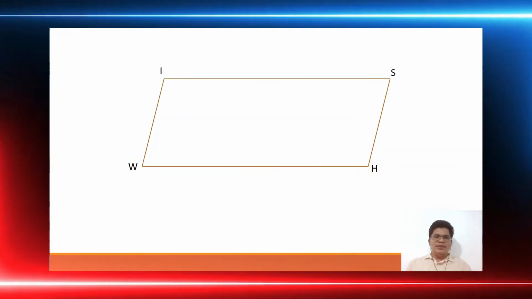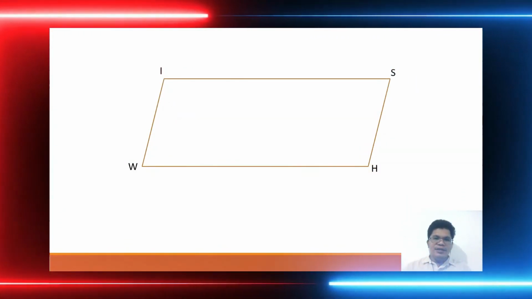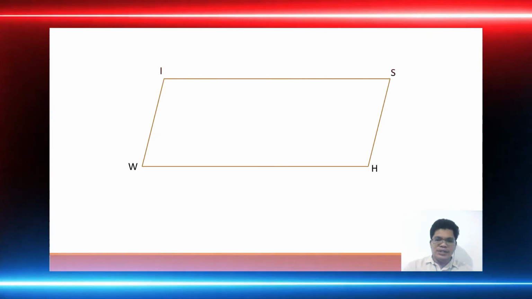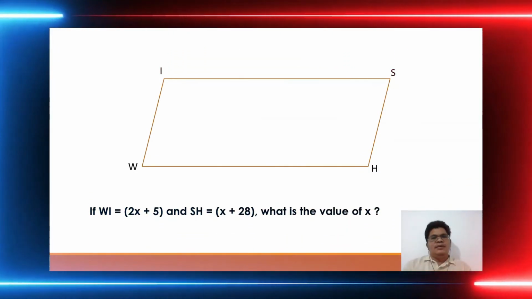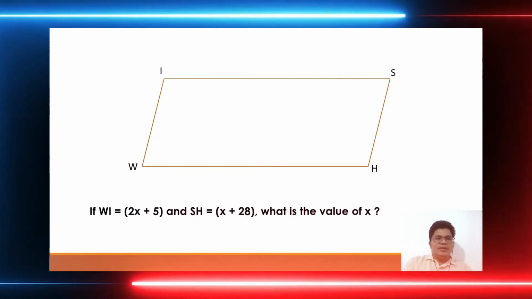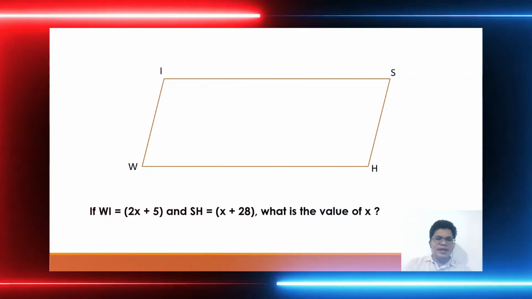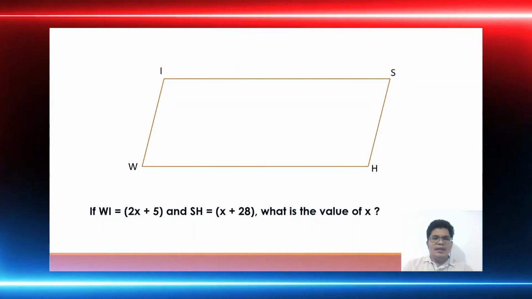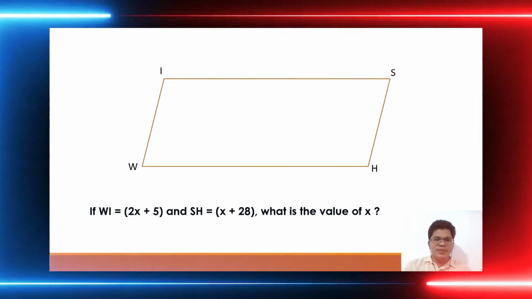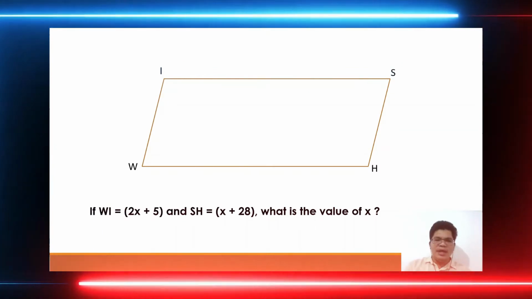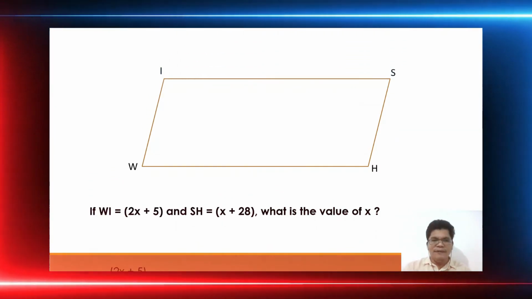Now, let us proceed to example number 2 and use again a parallelogram WISH. The problem is, if the measure of side WI equals 2x plus 5 and the measure of side SH equals x plus 28, then what is the value of x?